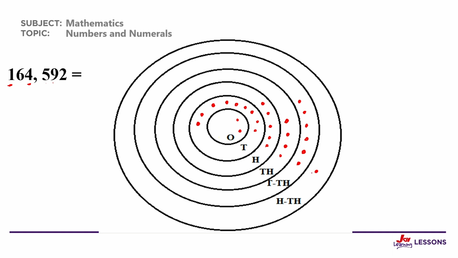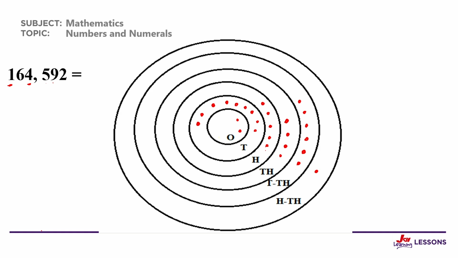So when you put them together, we have 100,000, we have 60,000, we have 4,000, we have 500, we have our 90, and then we have our 2, making 164,592. Very good. I hope you did it nicely.